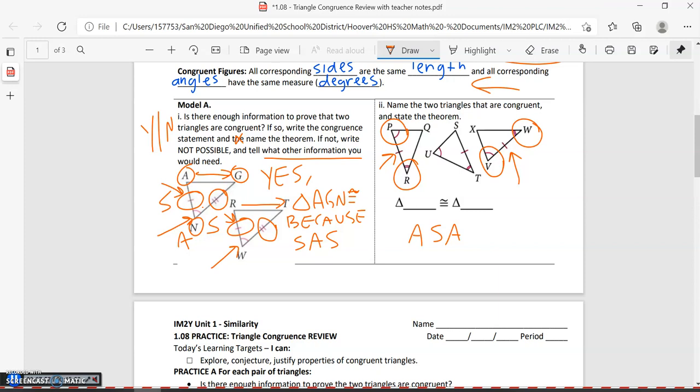Now we need to write our triangles in the right order. I'm going to do PQR, because that sounds like the alphabet. P is our one line angle going towards our no line angle. So we have our one line angle going towards our no line angle. So B, X, W.